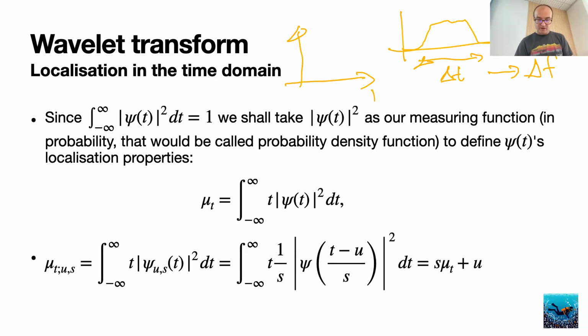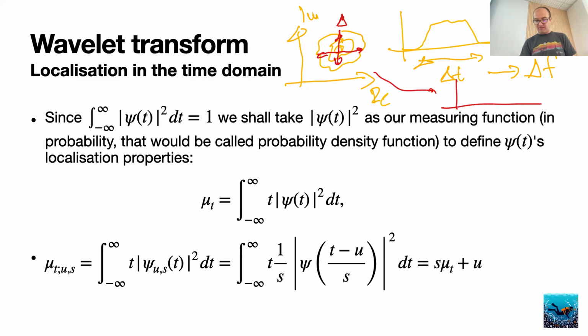So we have a real and imaginary axis, and the wavelet has some shape. If I look at it from above, there's a contour plot. And what I would like to know is, what is this width, and what is this width in the time domain? And if I do it in the frequency domain, then the wavelet will have some Fourier spectrum, and I would like to know this delta f.